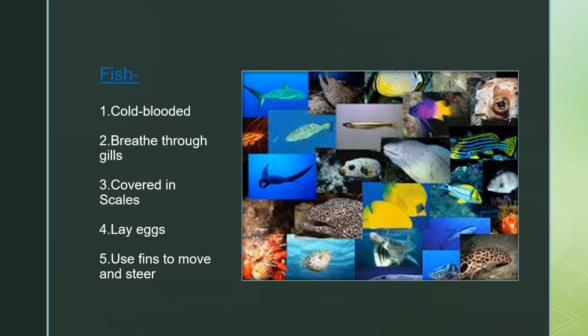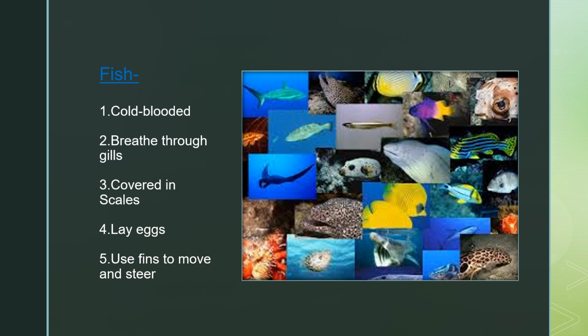They are covered in scales. They are also covered in an extra layer of slime, which helps them to move through the water. They lay eggs, and they use their fins to move and steer. Often they have a fin on the top and on the side and on the back.